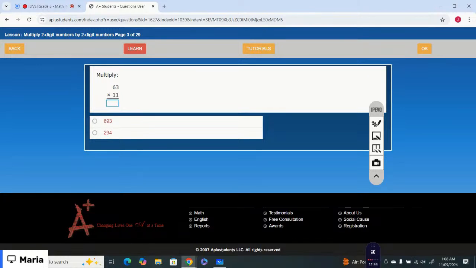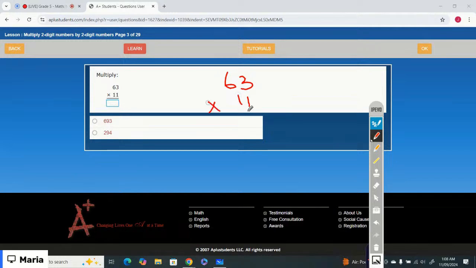The next one is 63 times 11. Let's just do 63 times 11, right? Start multiplying with the ones digit. You have to do 1 times 3, and you have to multiply the 1 with the other number, 1 times 6, right?